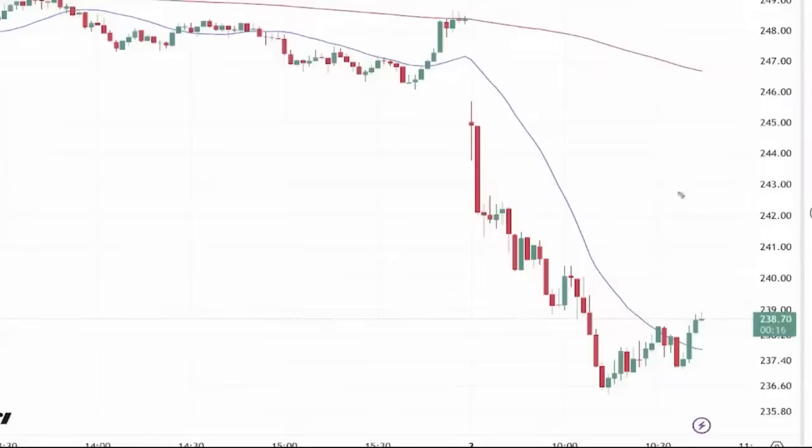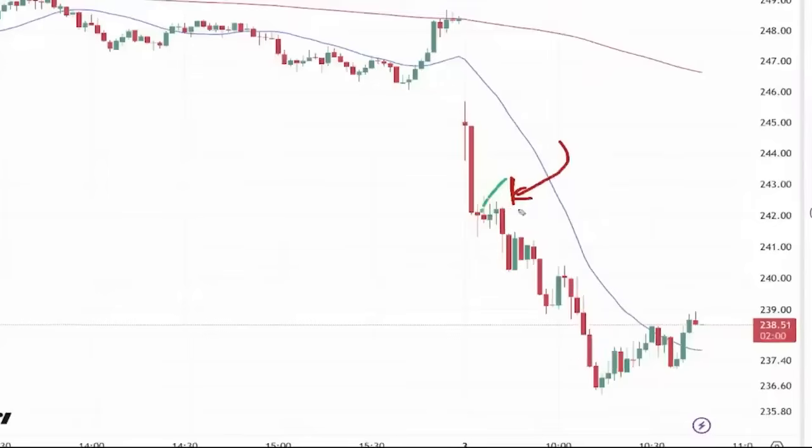All right, you want the bounce, and then you want the color change. You want red to take over again. Boom, there's the color change. And you want to play the color change on the bounce to get leg 2.